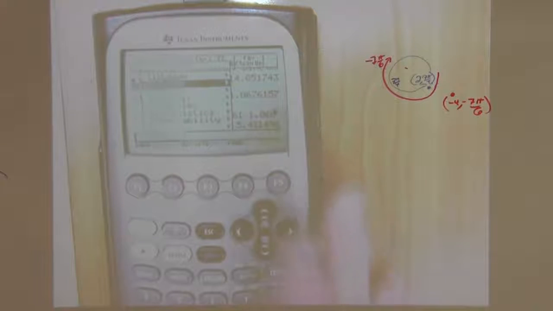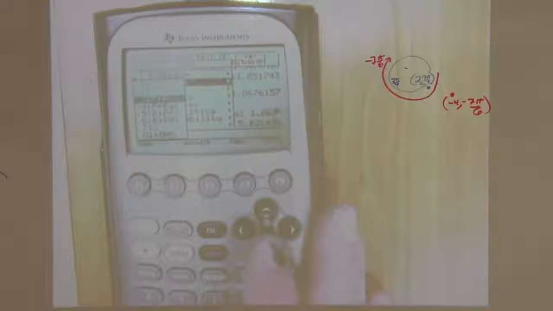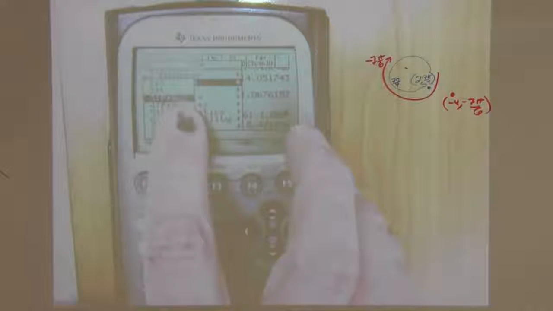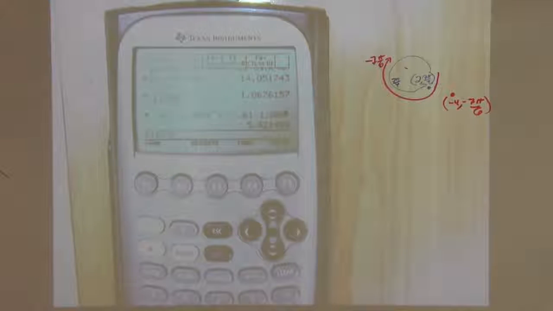Push to the side. Now it says P to Rx. That means from polar to the rectangular x coordinate. So I did that. It's negative 2, 11 pi over 6, comma, 11 pi divided by 6.